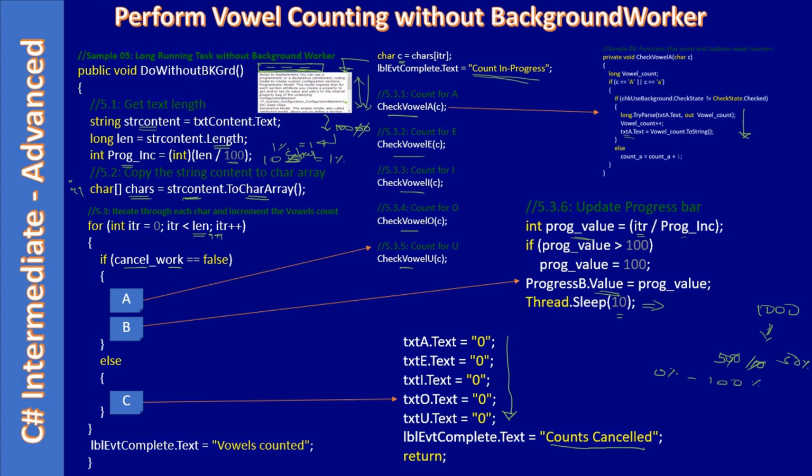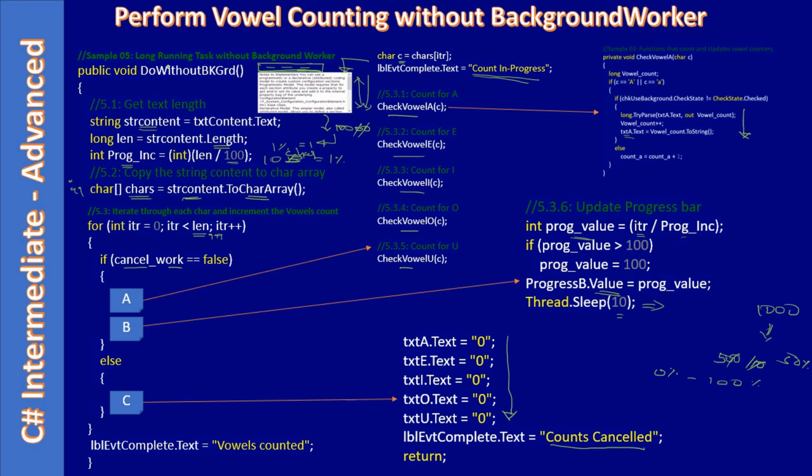So this will show the processing as a long running task. Otherwise we cannot experiment with the BackgroundWorker component and how its progress works. We need a way to make this a long running process. That's why we are keeping a sleep of 10 here.